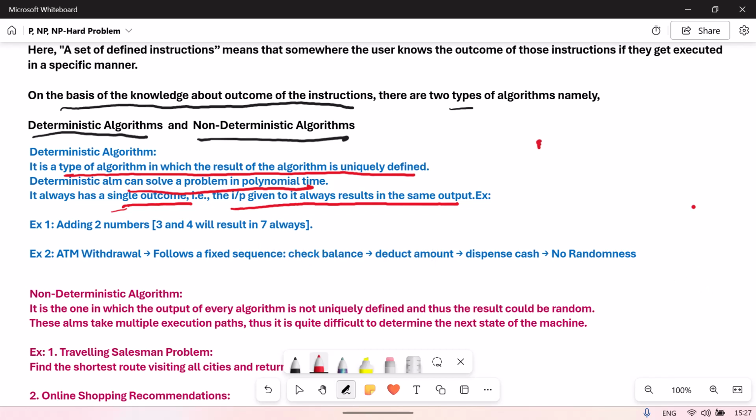For example, if I have an algorithm for multiplication and I give the same set of inputs, it will give me the same outputs no matter how many times I run it. So the output is clearly defined in a deterministic algorithm.